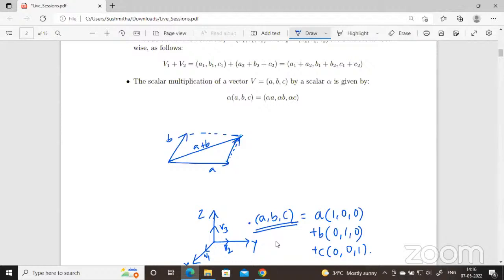Yes, ma'am. One more follow-up question. We talk about R2, R3, so do we have only three spaces, R1, R2, R3? You can think about Rn in general, where every vector has n components. But we mostly have only the X, Y, and Z planes.